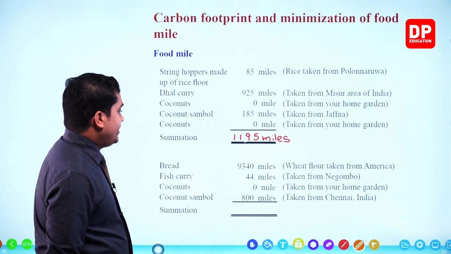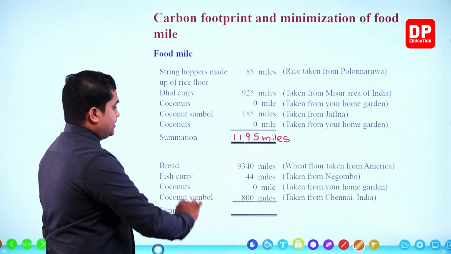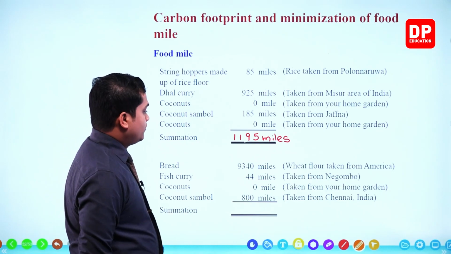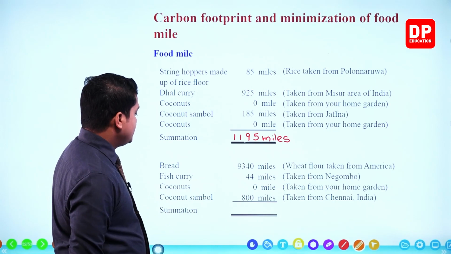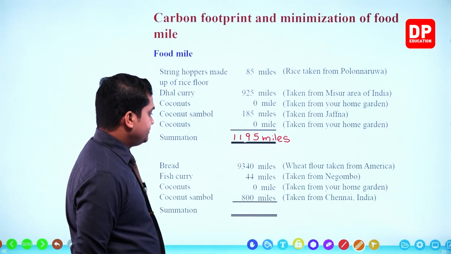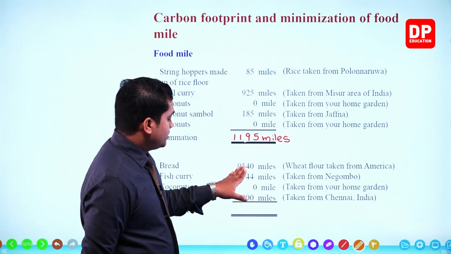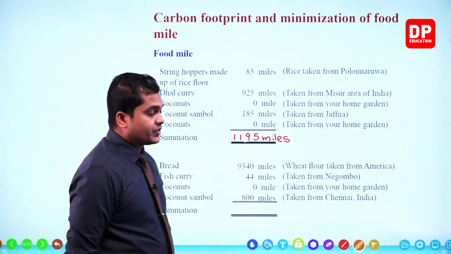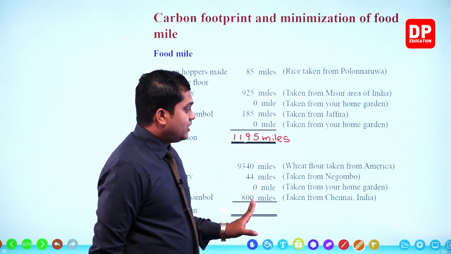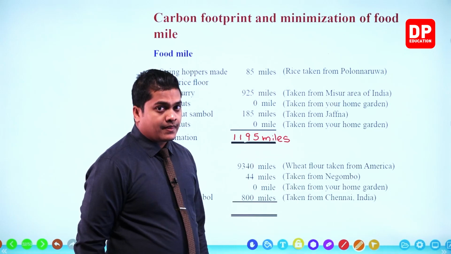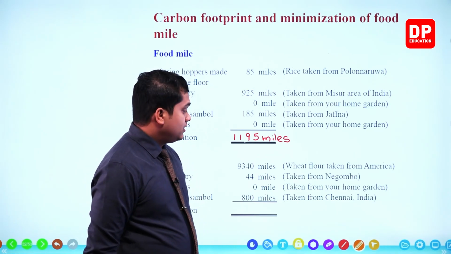Then the next one, bread. This is another example, the third example. For the third meal, bread, fish curry and coconut sambal are there. Bread has traveled 9340 miles. Why? Because it is made from wheat flour obtained from America.